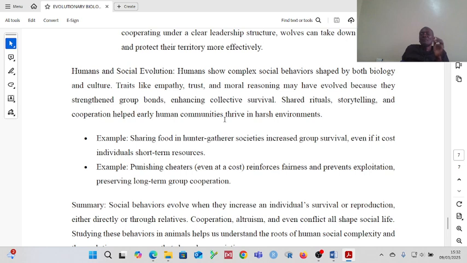The sharing of food, for example, in hunter-gatherer societies, increased group survival, even if it would cost individuals in the short term. So if you rely on hunting and gathering, not everybody who goes out to hunt will come home having caught any catch.